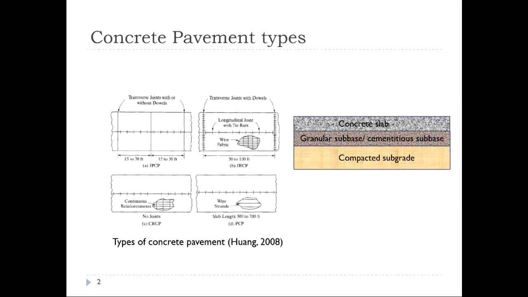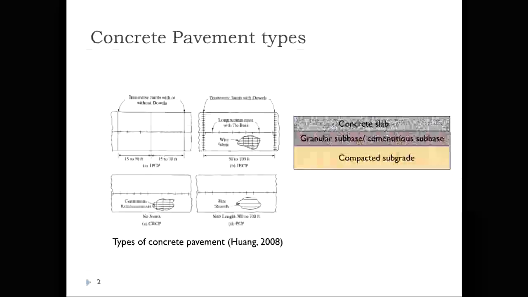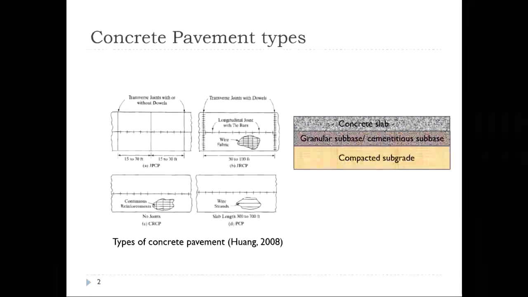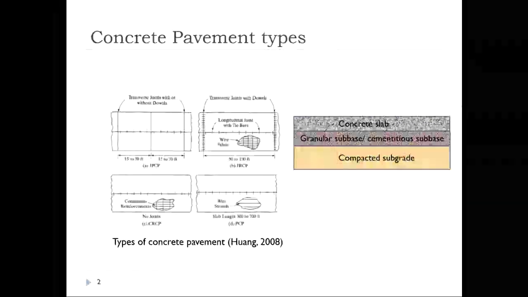Now, as I discussed in the last day's class, typically when we talk about concrete pavements, we find the concrete slab resting above the compacted subgrade and the base layers. The base layers can be granular base courses, or in some cases, cementitious subbase and base courses.